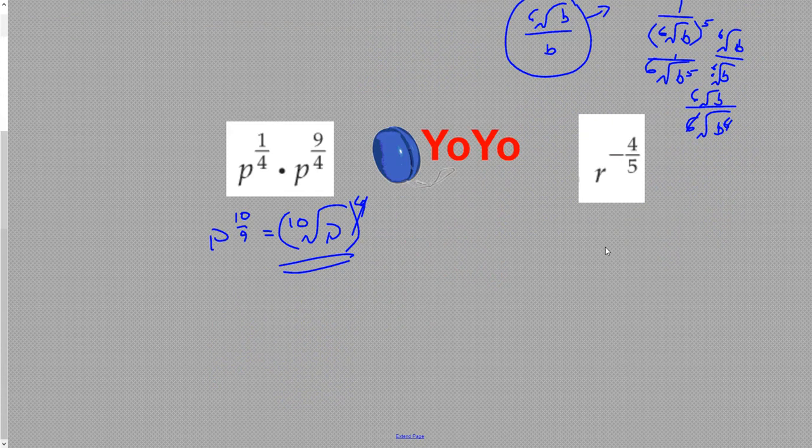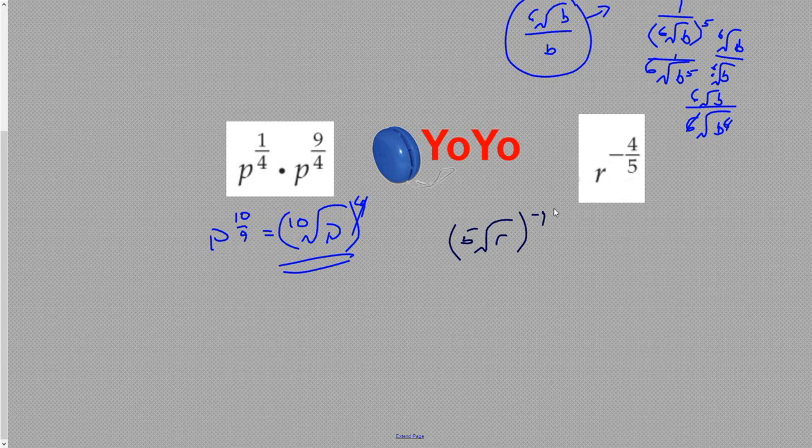I'm going to change colors and do this out of the way so we don't get confused. That's the 5th root of r to the negative 4th. Negative exponent means put it in the denominator, so that's 1 over the 5th root of r to the 4th. So I've got r to the 4th, but I need groupings of 5 if I'm going to simplify that.